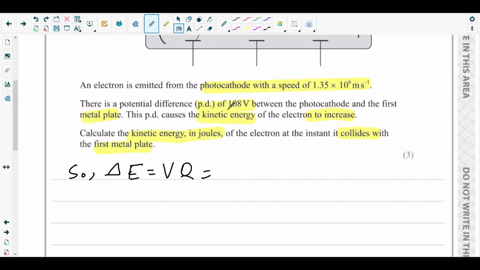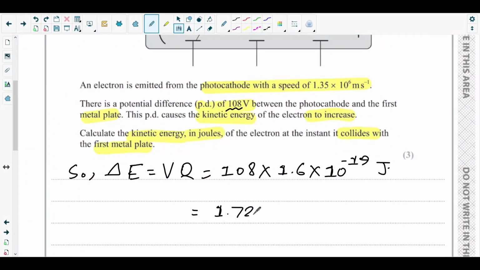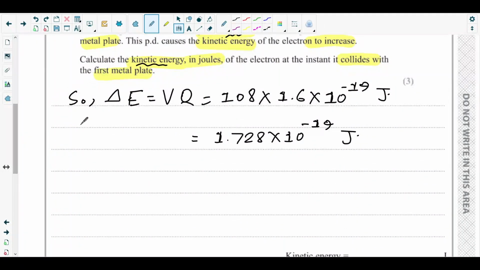V is the PD, that is 108 volt, times the charge of an electron, 1.6 times 10 to the power negative 19 joule. Calculating, 108 times 1.6 times 10 to the power negative 19 gives you 1.728 times 10 to the power negative 19 joule. That much energy will be gained. But the question is asking the total amount of energy at the instant it collides with the first metal plate.